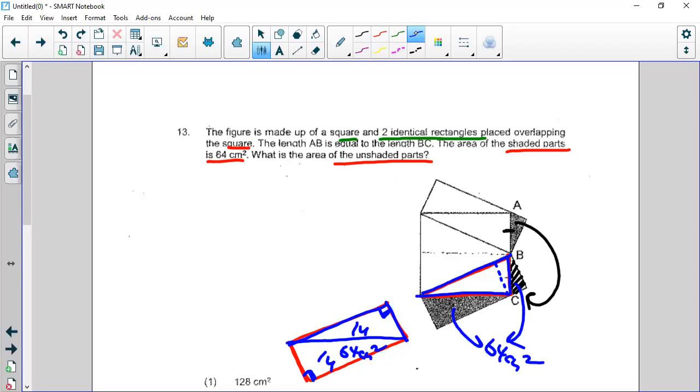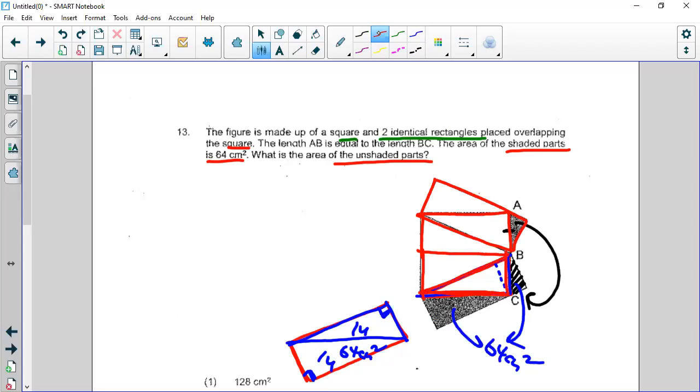So how many triangles make up the unshaded part? You look carefully, there's a rectangle, so you have 2 triangles inside as well. After you cut out the black shaded part, you have 2 unshaded, and then another unshaded, another unshaded.